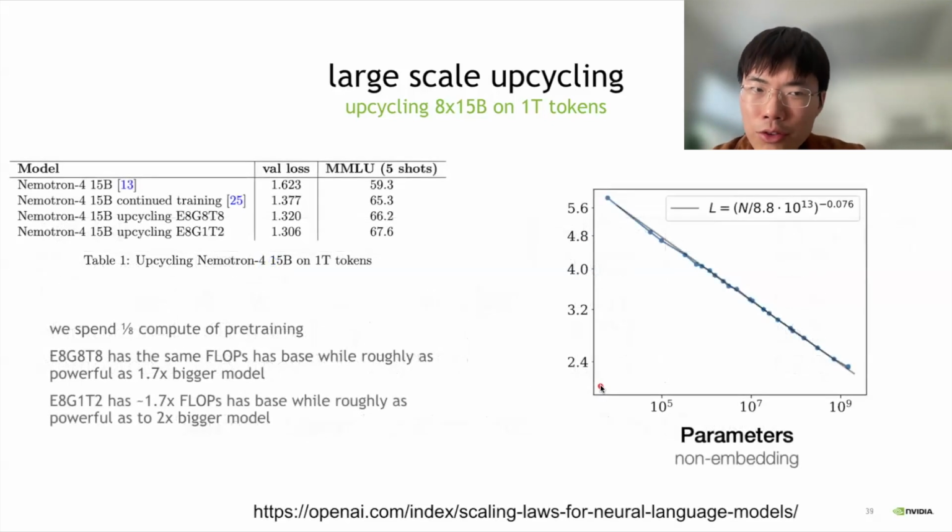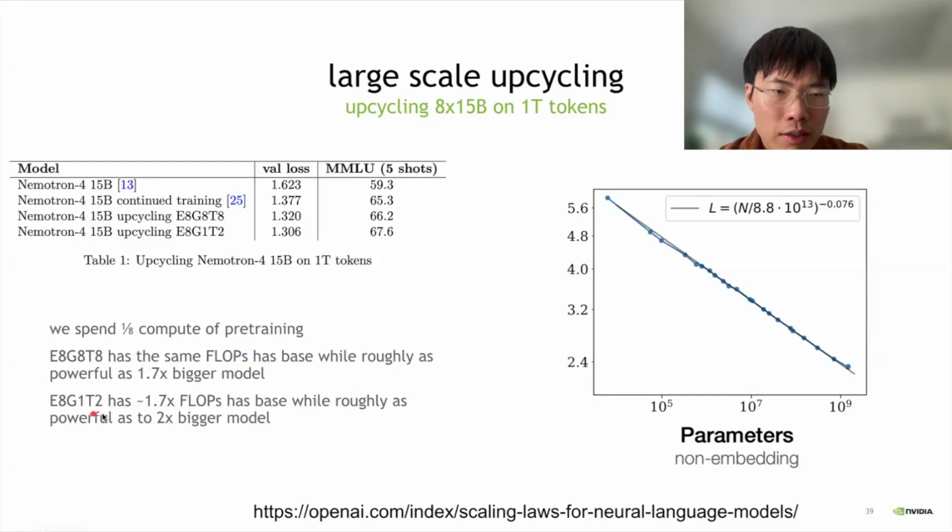To contextualize how good these improvements are, we can plug in the classic scaling law paper from OpenAI. If we're not increasing any FLOPs, which is the EAG T8 case, it's roughly as powerful as a 1.7 times bigger dense model.